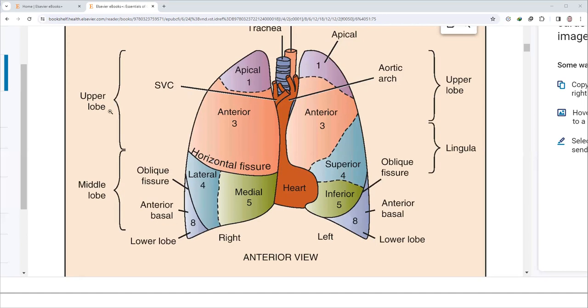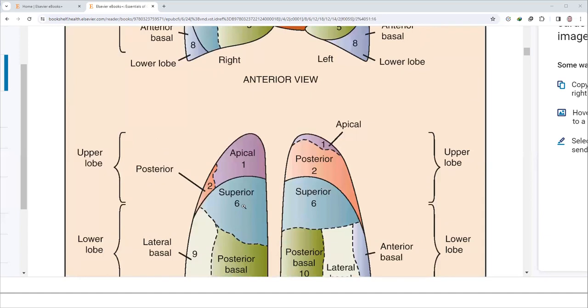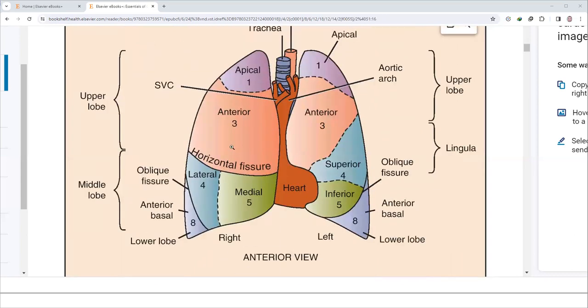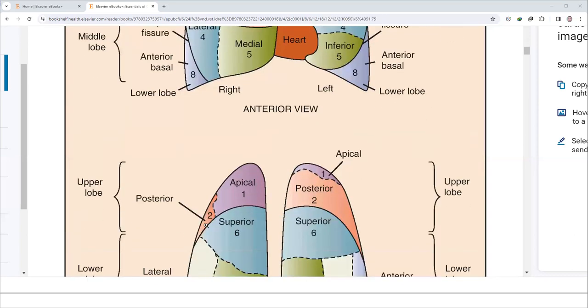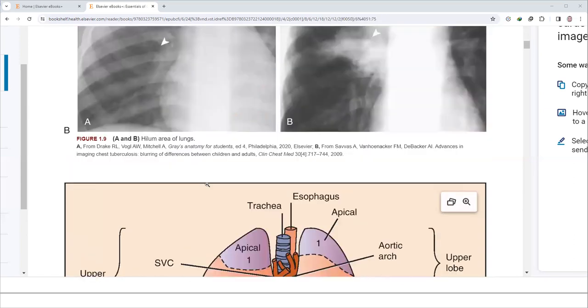For the right upper lobe, we have three segments. Okay, apical, anterior, and posterior. So apical segment, posterior segment, and anterior segment.